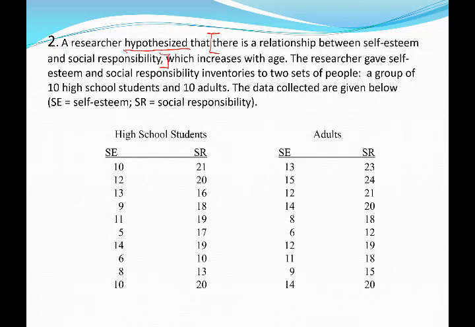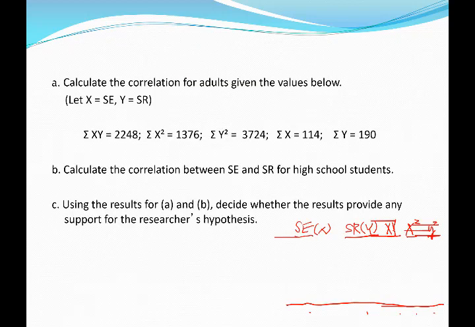That's part 1 of the hypothesis. And then it says that it increases with age. That's the second part of the hypothesis. So based on the correlations that we get for adults and for high school students in questions A and B, we can decide whether our correlation for each group supports that hypothesis.